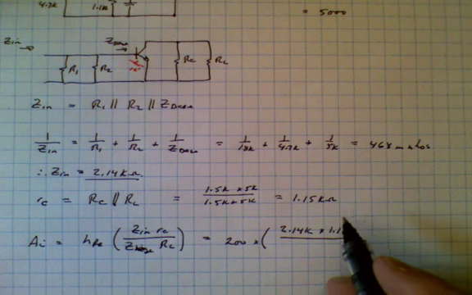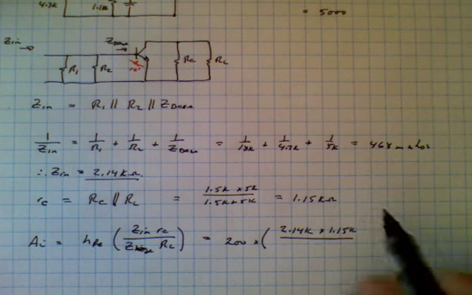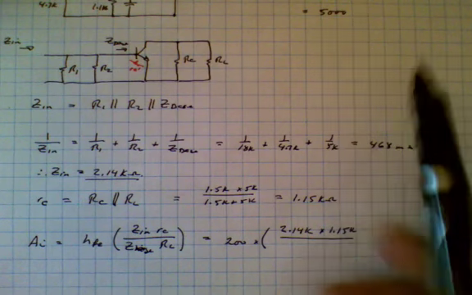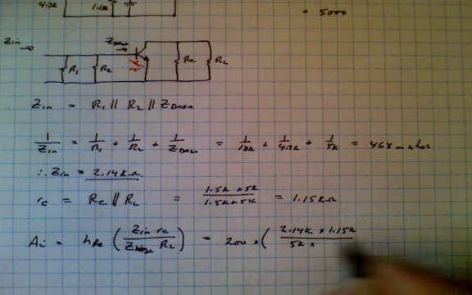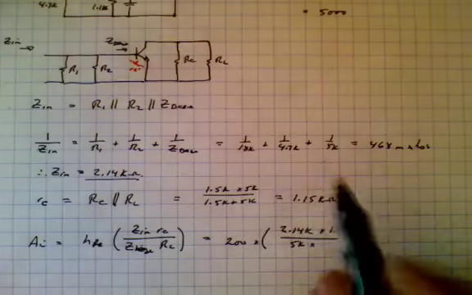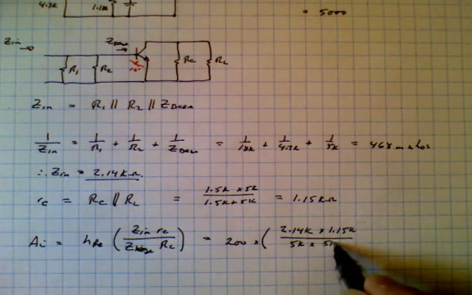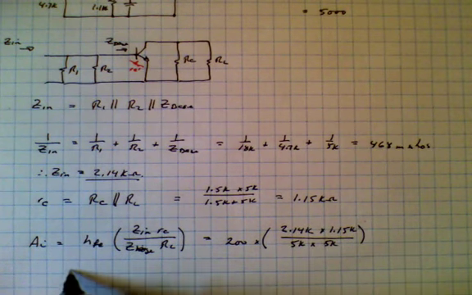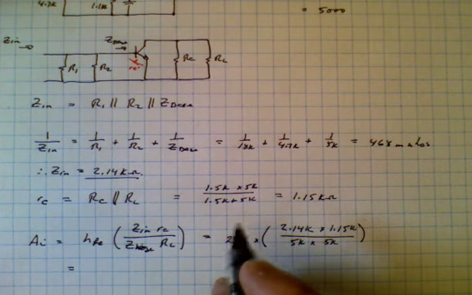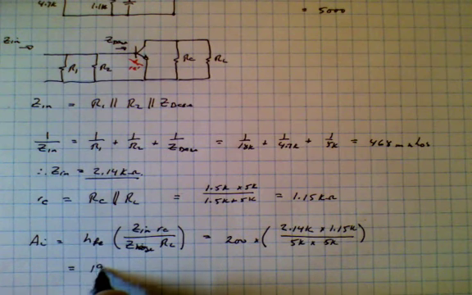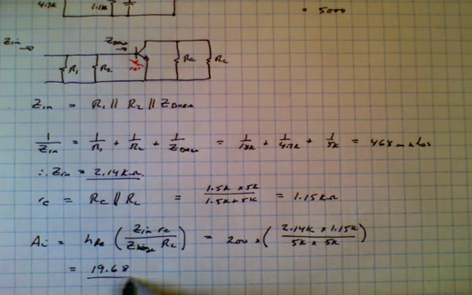And then we have Zin to the base. The Zin base is 5K. And RL, which is 5K. And again, we just churn the crank, and we get a current gain of 19.68.